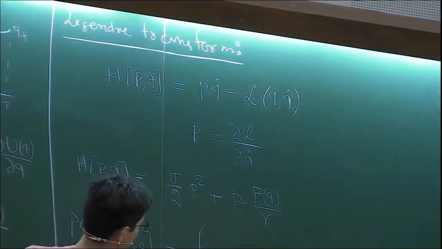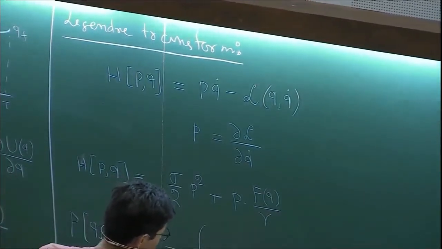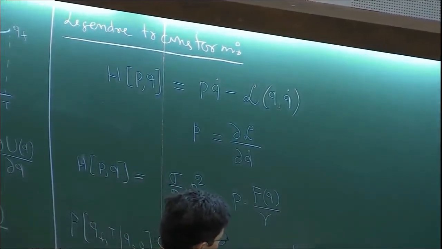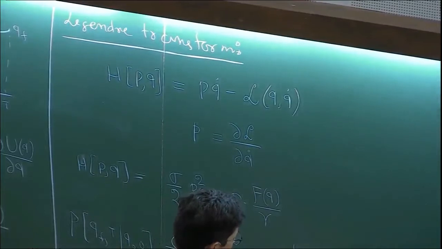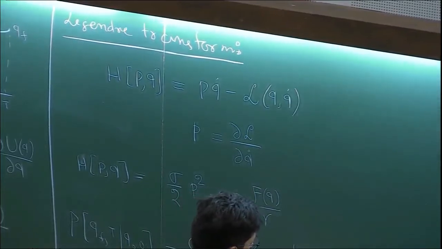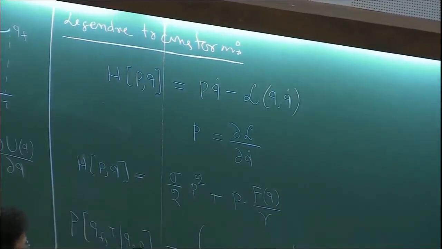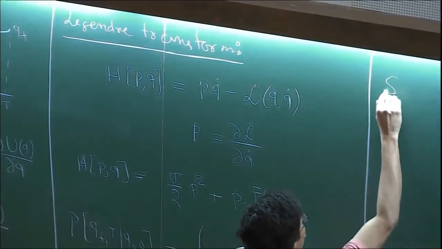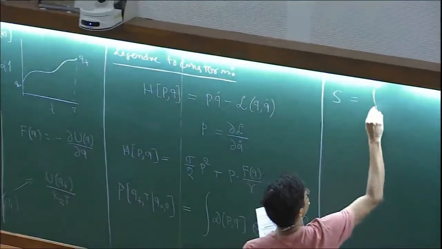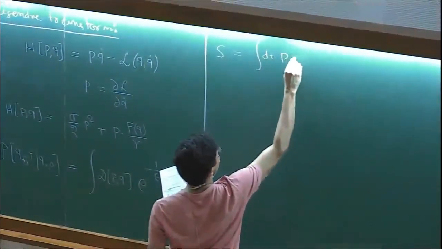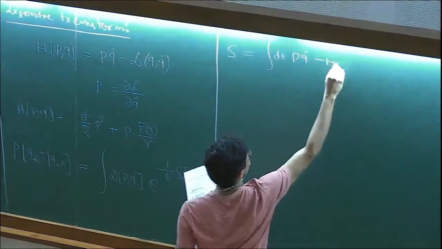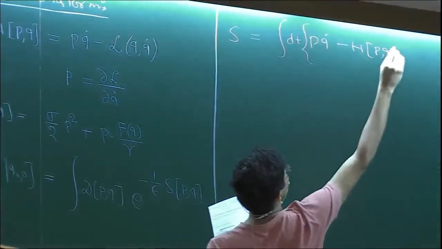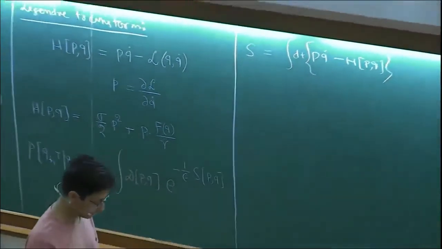So now I have two variables, P and Q. Now this is 1 over epsilon S. Now it's a function of two variables, P and Q, the momenta and the position coordinate. And now this S is simply the integral of dt (P Q dot minus H). So this all just, you can get it with standard classical mechanics, okay, from the textbook examples.